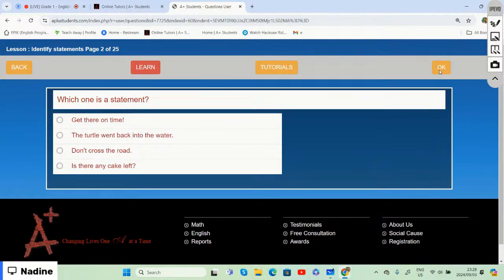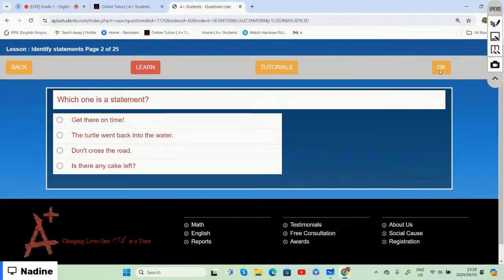The next one says, which one is a statement? We need to say which one is a statement. It says, get there on time. Or, the turtle went back into the water. Don't cross the road. Is there any cake left?